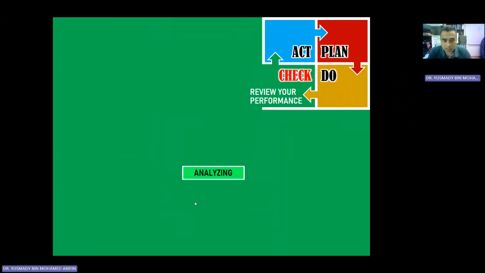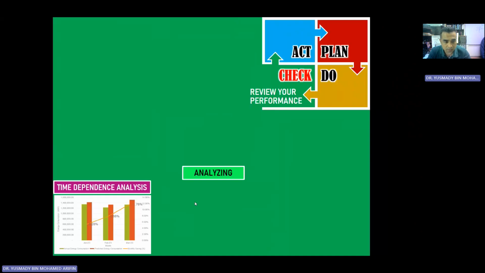Okay, next, under the analyzing process, in order to check our performance review, there are a few types of analysis that we already discussed in the previous chapter, such as time dependence analysis based on the months, hours, or years, monthly, hourly, daily, or yearly, in terms of data consumption.